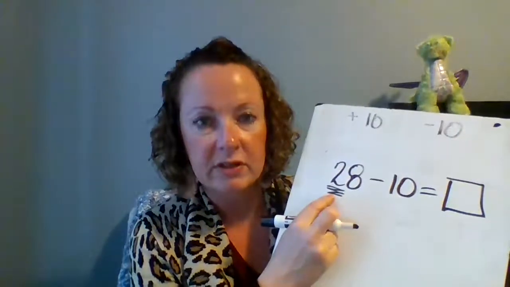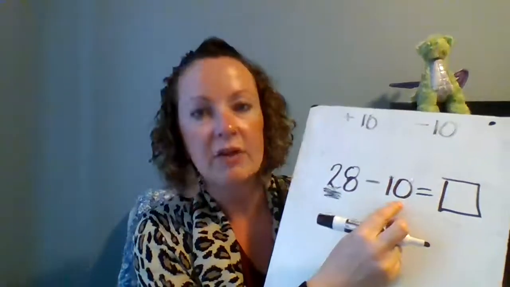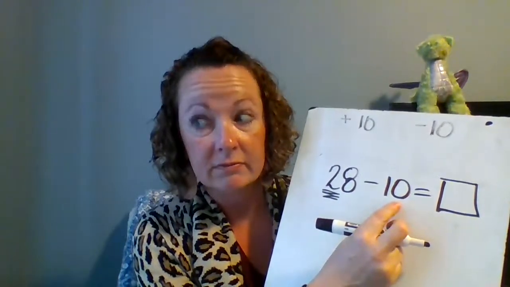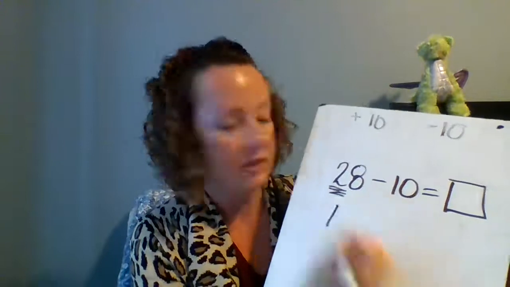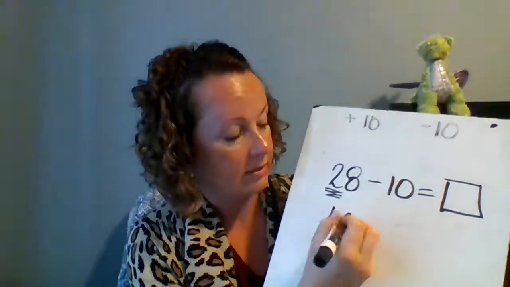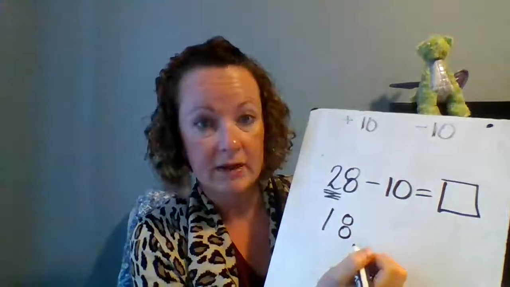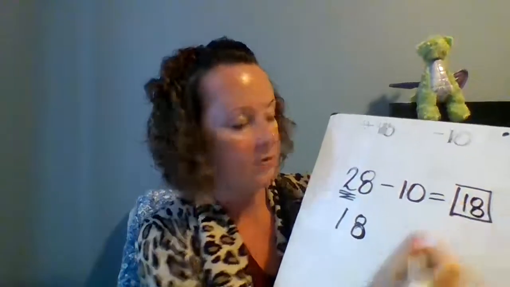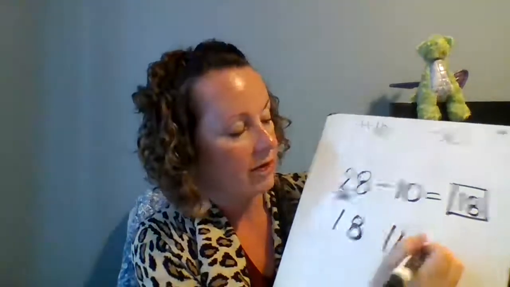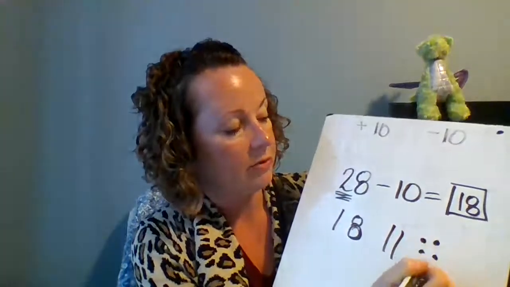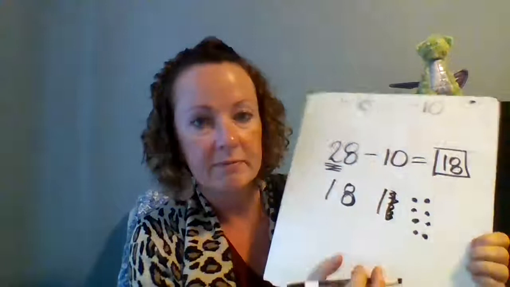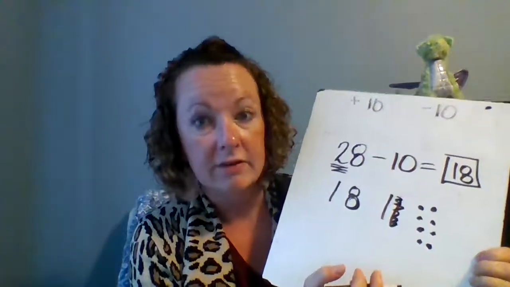If you have 2 sticks of 10 and you take 1 stick of 10 away, what's left? 1 stick of 10 and still have the 8 ones? Yeah. So what's left? 18. Don't believe me? 10, 20. 1, 2, 3, 4, 5, 6, 7, 8. Take 1 stick away.